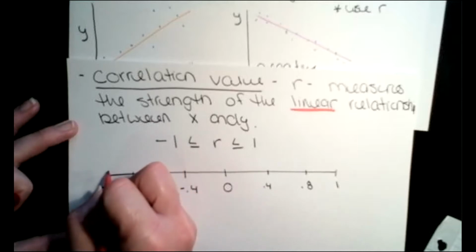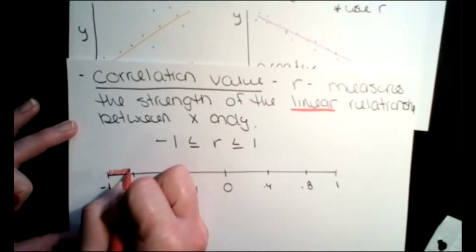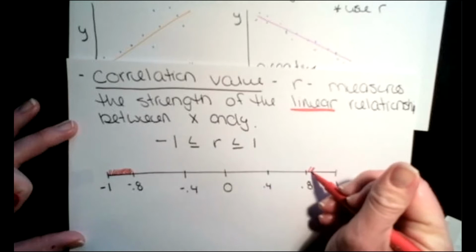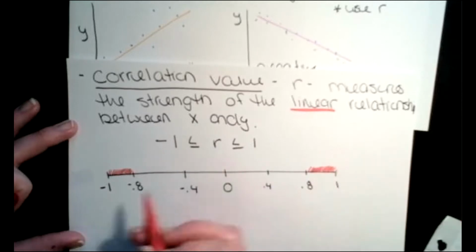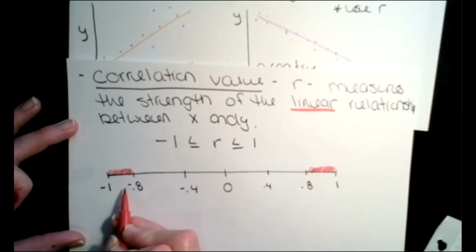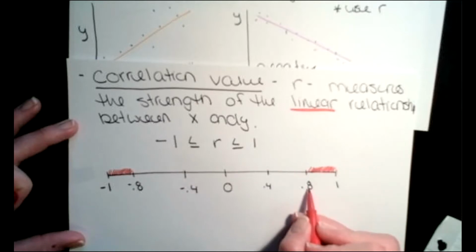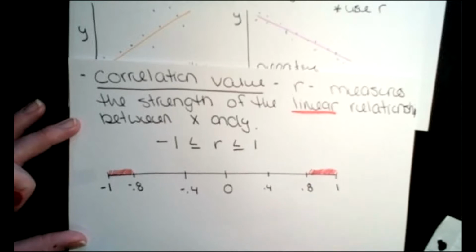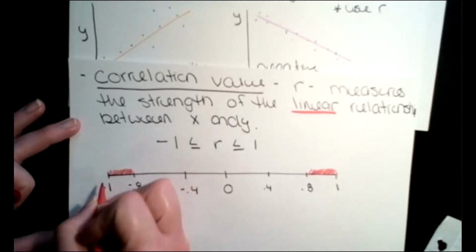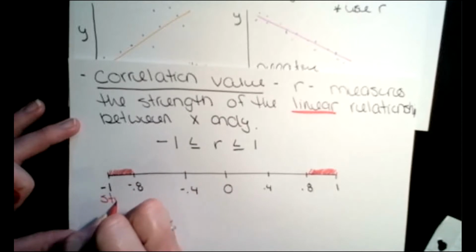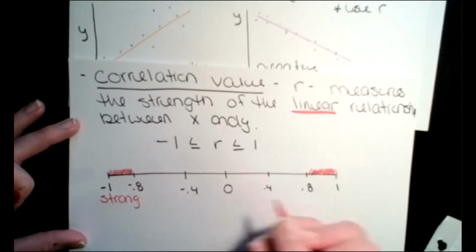So anything in the section where it starts at -1 and goes to -0.8, or 0.8 in the positive side up to 1, those R values between those numbers are considered strong. So this is a strong relationship.